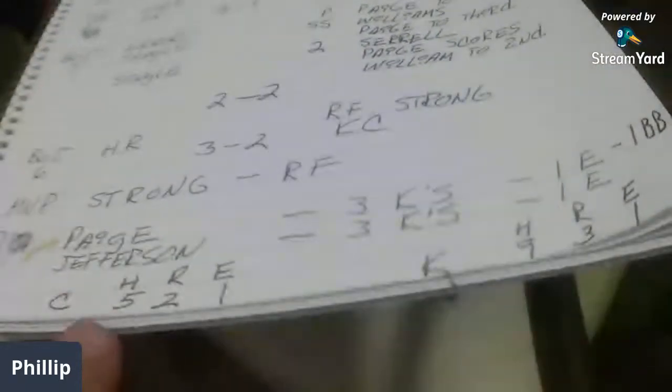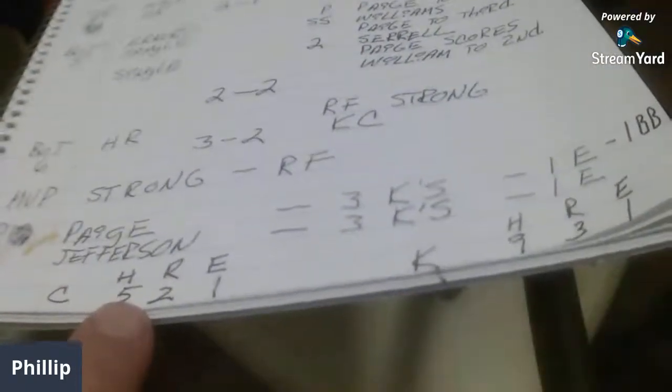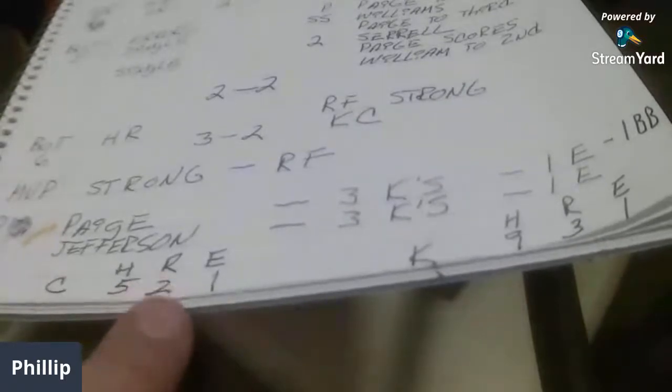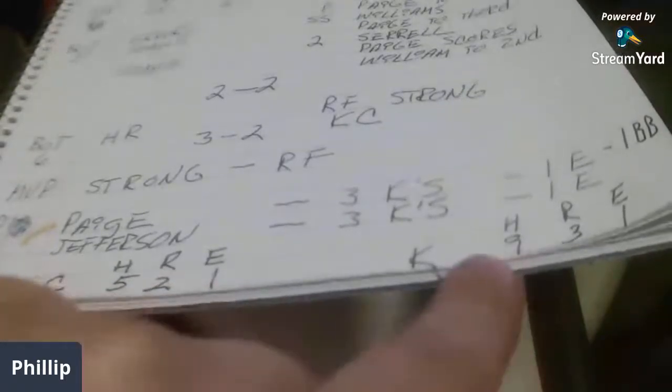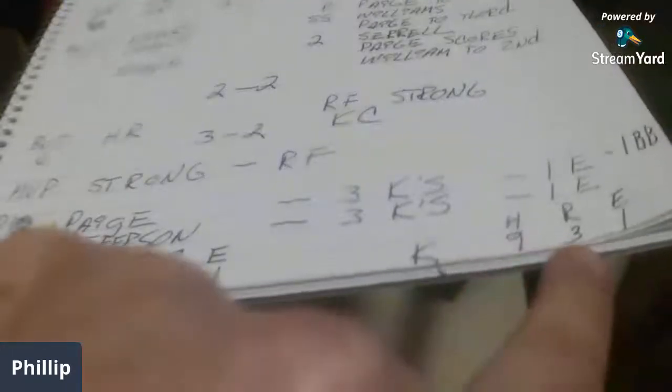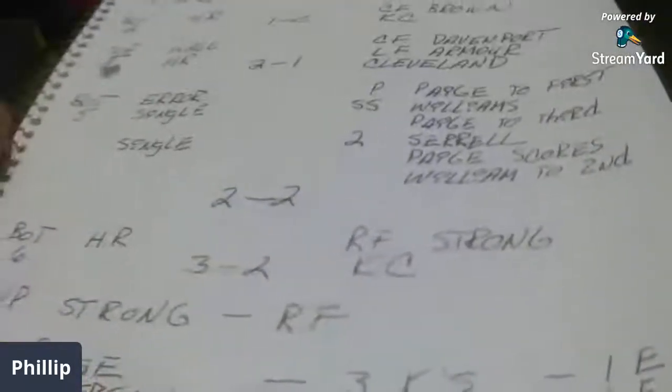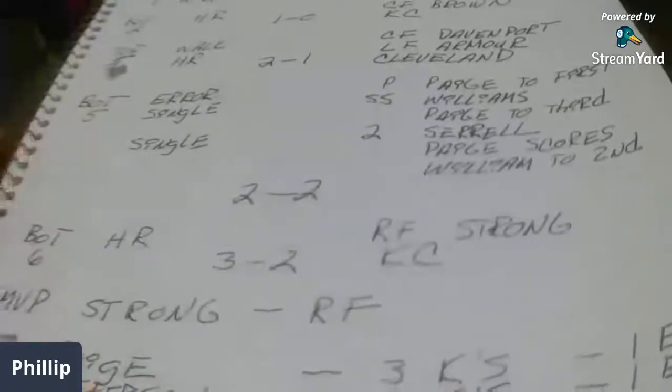The final was Cleveland had 5 hits, 2 runs, one error. And Kansas City had 9 hits, 3 runs, one error. And both pitchers went the distance. So yeah, I want to do more of this.